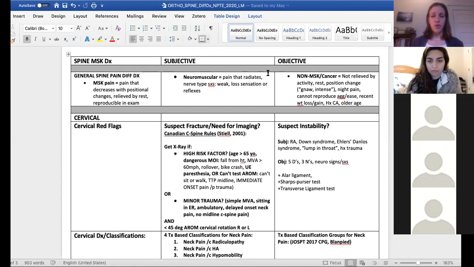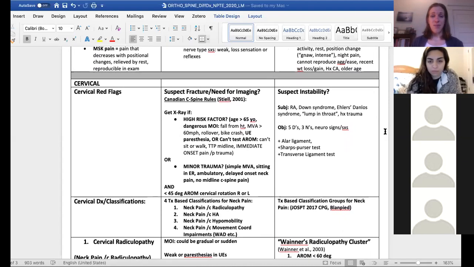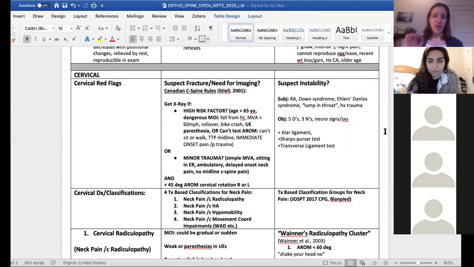In cervical, we do want to rule out some of these red flag findings or things that may need further attention outside of physical therapy or non-musculoskeletal related diagnoses. So the first couple things we're thinking about in cervical spine, especially if there's trauma involved, are that we want to rule out fracture and we want to rule out upper cervical instability, because those two things are dangerous.